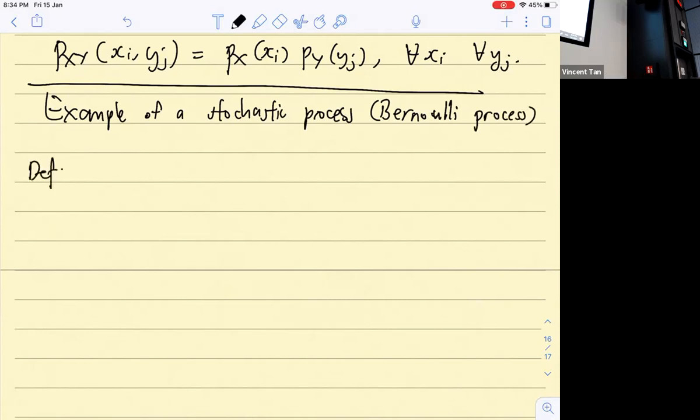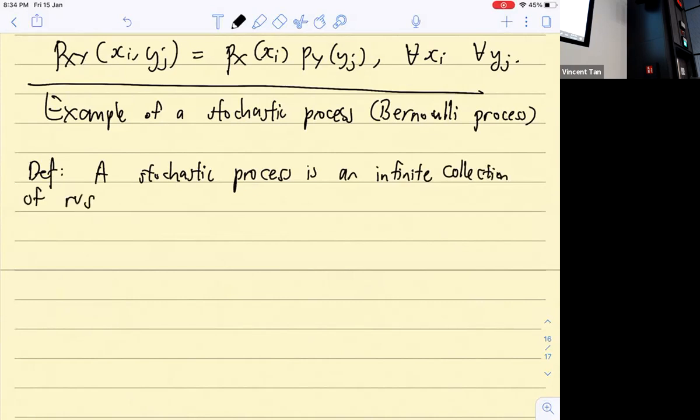Definition. What do we mean by a stochastic process? A stochastic process is an infinite collection of random variables defined on a common sample space omega.